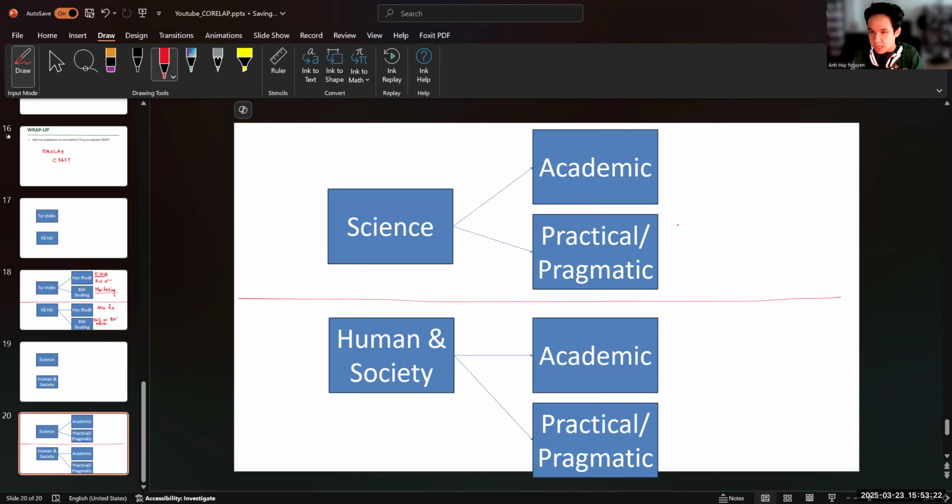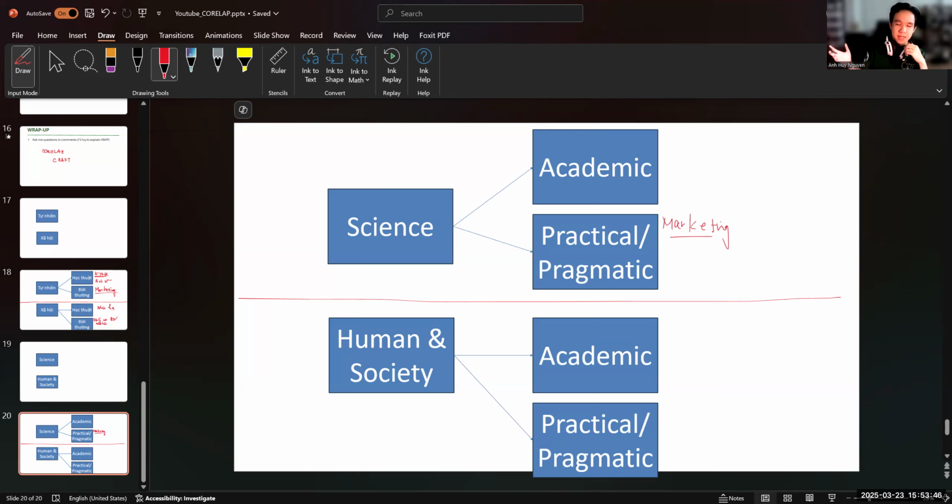So a few days ago, I talked to one of my friends and I asked him, does marketing count as science? And he said, yeah, sort of, because in marketing, you have to learn about psychology, consumer behavior, and stuff like that. They are a little bit related to human and society, but mainly this is a science major.